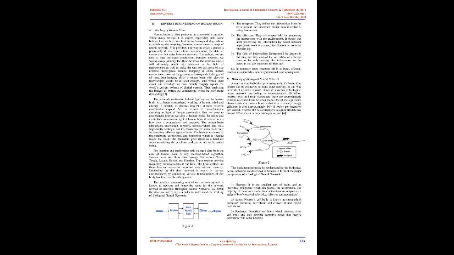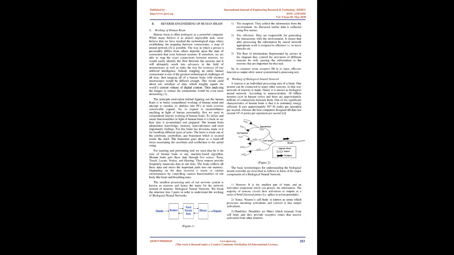We break the structure into 3 parts in order to understand the working of biological neural networks. Figure 1. 1. The receptors. They collect the information from the environment. As discussed earlier, data is collected using 5 senses. 2. The effectors. They are responsible for generating the interactions with the environment.